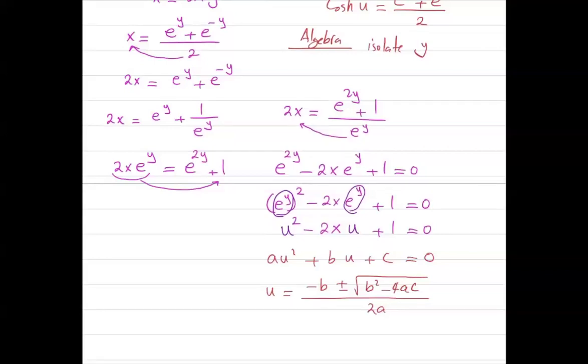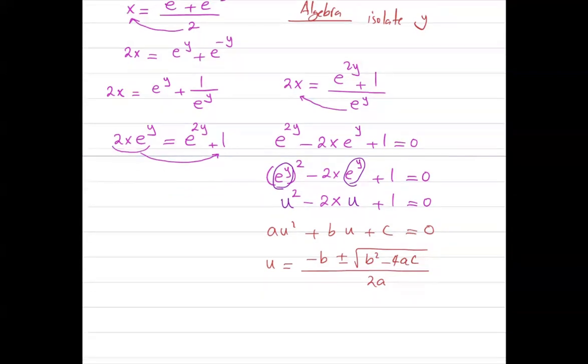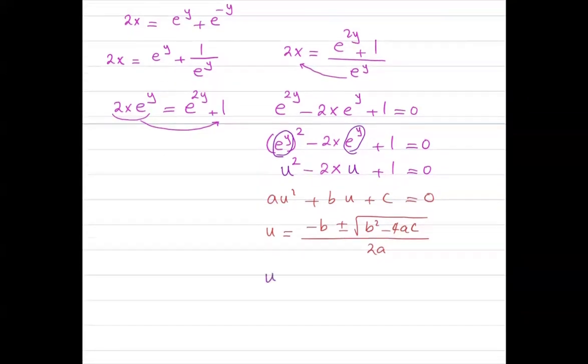Well, let me just substitute everything here. My u is equal to negative b. But what is b? b is this quantity. Negative 2x is my b. So I have u equals negative b, which is 2x, plus minus square root of b squared, which is 4x squared, minus 4ac, minus 4 times 1 times 1, divided by 2a, which is 2.